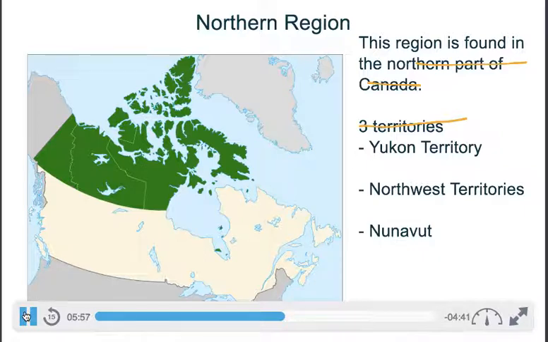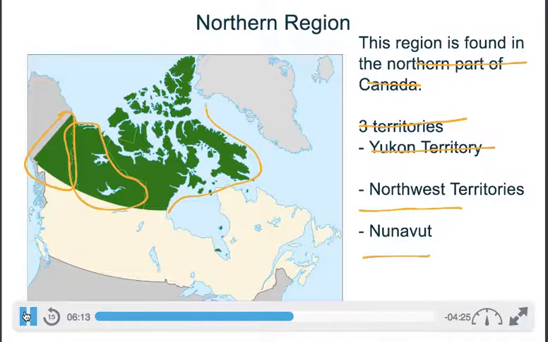Now, these territories are the Yukon Territory, which kind of looks like a triangle, Northwest Territories, and then last but not least, we have Nunavut. And these are the 3 territories of Canada. Now, who knows, in the near future, if their population were to increase, then they could potentially become provinces or states.